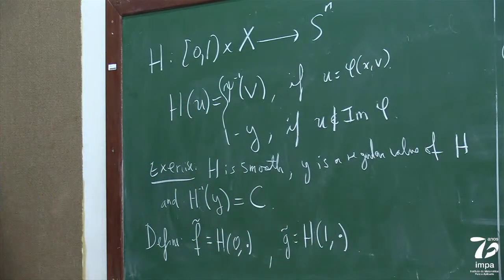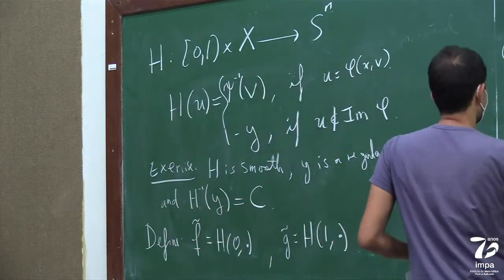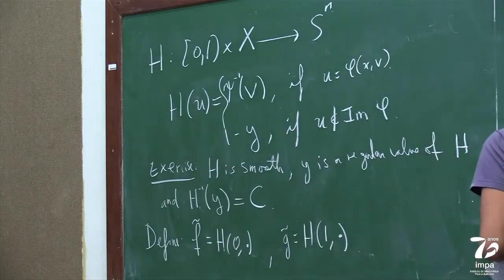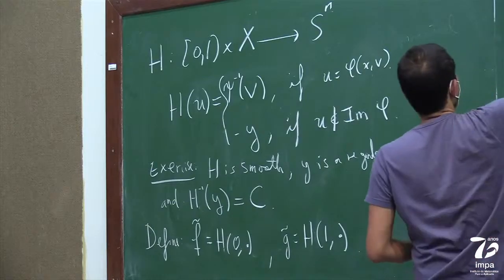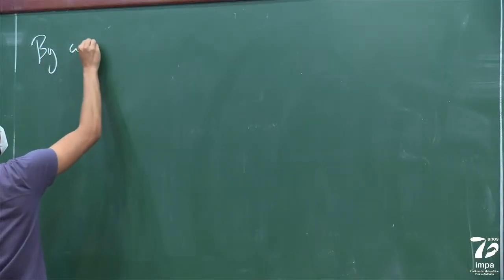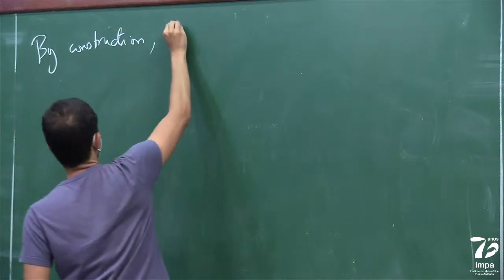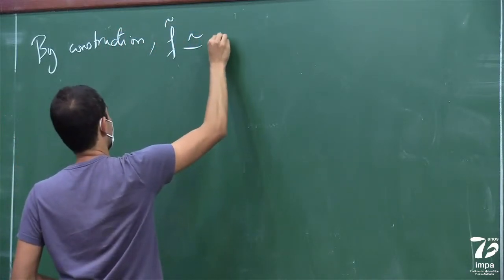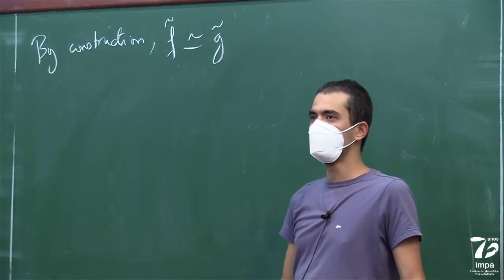Okay. So, by construction, f tilde is homotopic to g tilde. I constructed a homotopy even before I constructed what it's a homotopy between.